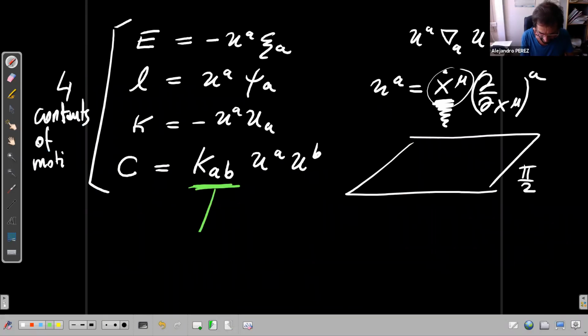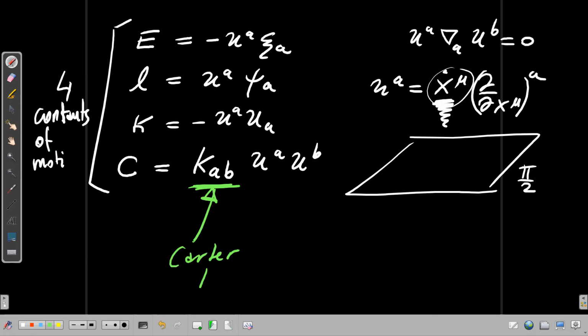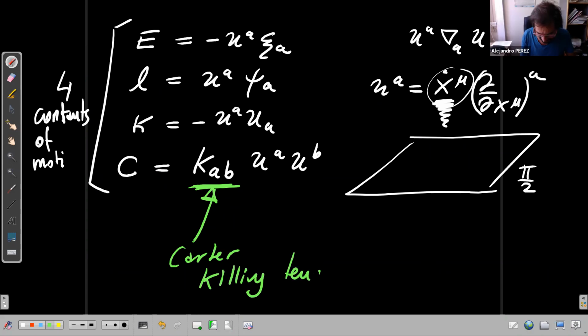This is the Carter killing tensor. Okay.